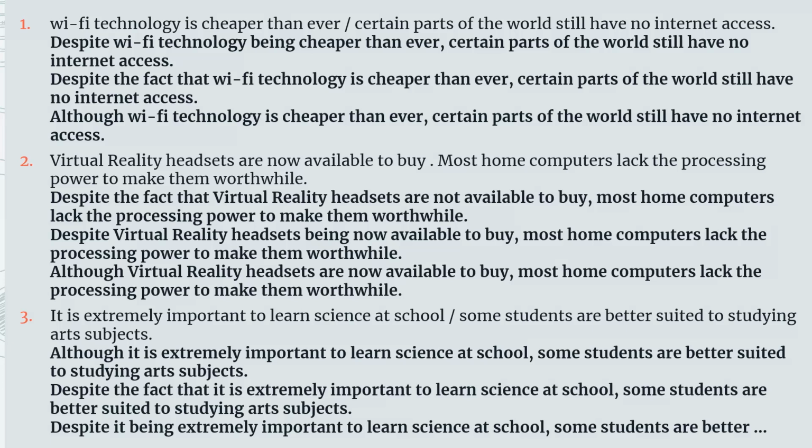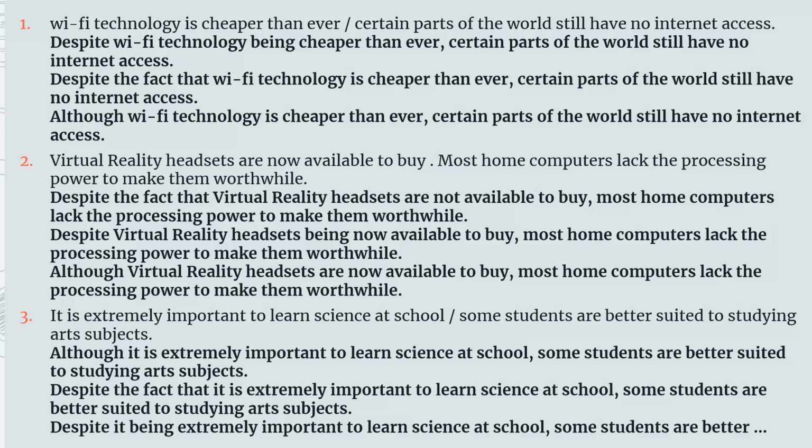Okay, despite is followed by the noun: despite the fact, or despite the subject then being. Okay, you could use it or the subject itself, the noun: despite Wi-Fi technology being cheaper or despite it being cheaper.